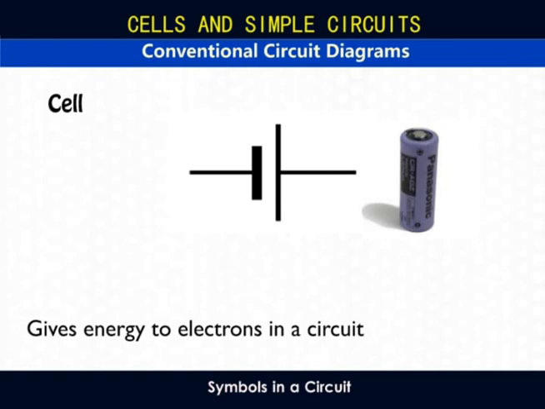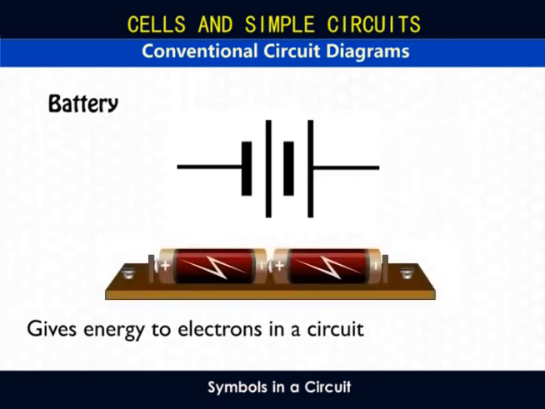A cell gives energy to electrons in a circuit. The thick, short line indicates the negative terminal, and the longer, thin line shows the positive terminal. This is a single cell. When you have more than one cell, then it's a battery. This symbol indicates a battery made up of 2 cells. So your torch has 2 cells and not 2 batteries.